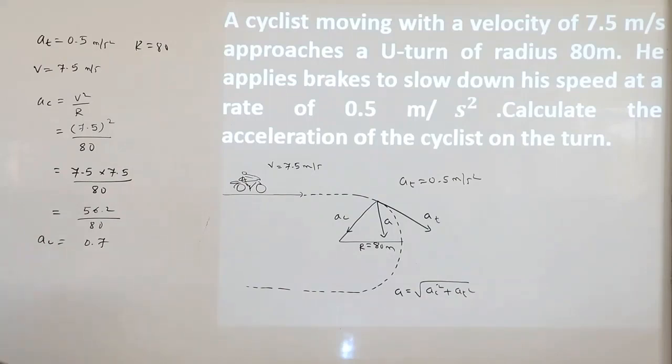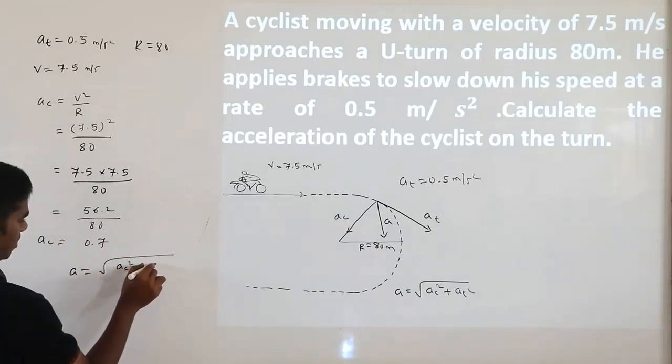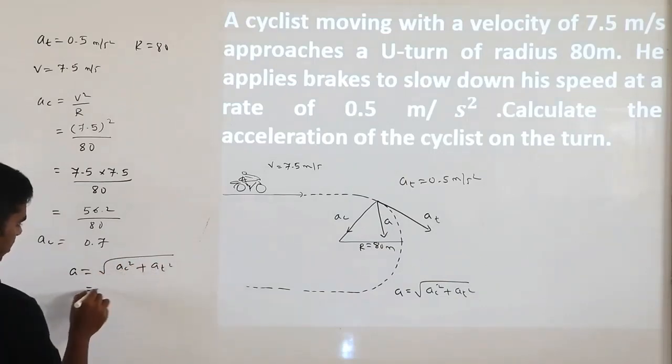Now you have to calculate the acceleration. Acceleration is the square root of centripetal acceleration squared plus tangential acceleration squared.